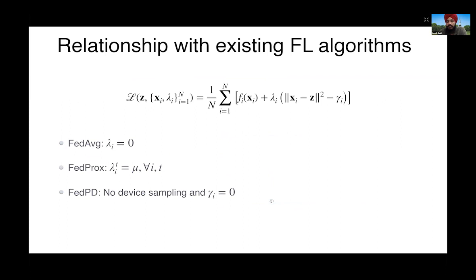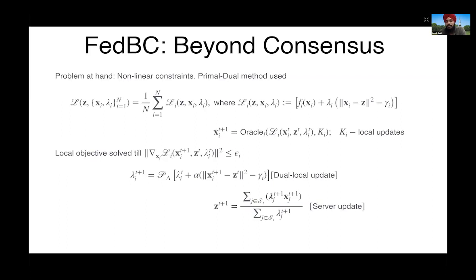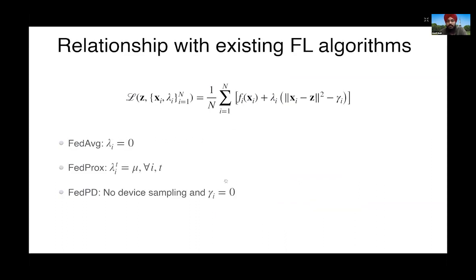Even more interestingly, those weights are not random numbers; they are the dual variables, which look at how much my constraint has been satisfied and adjust accordingly. So our standard federated learning algorithm automatically becomes an algorithm with weighted averaging at the server, and the weights are automatically adjusted by the dual variables through this concept of federated learning beyond consensus.